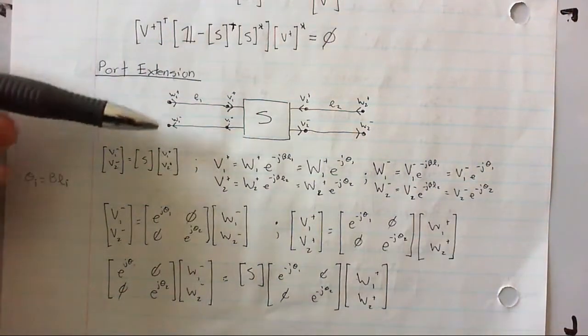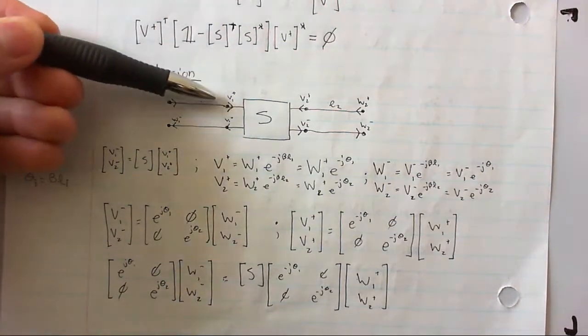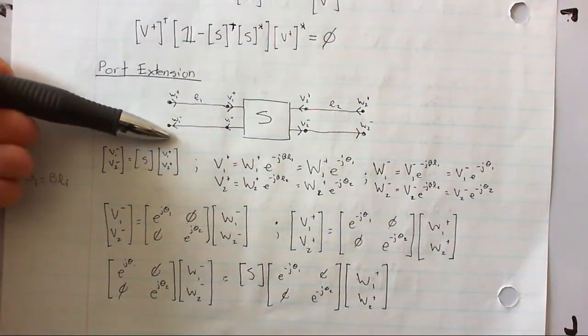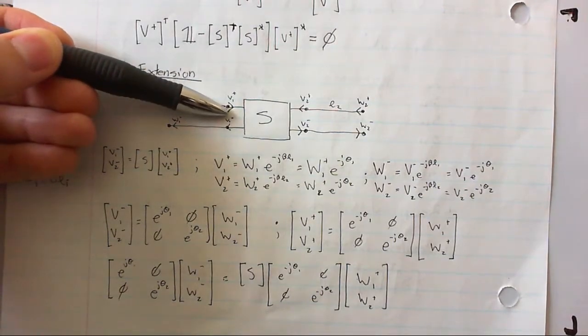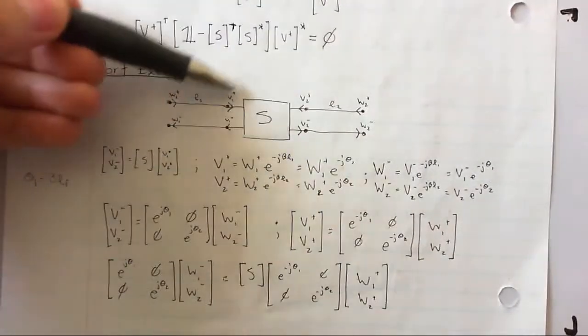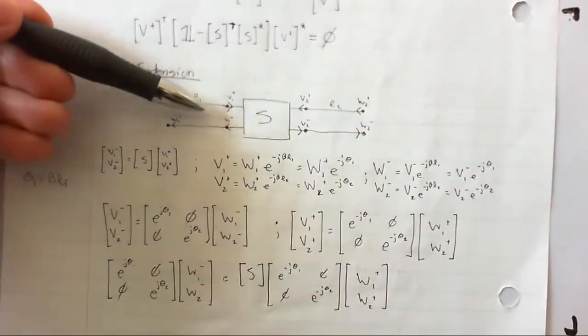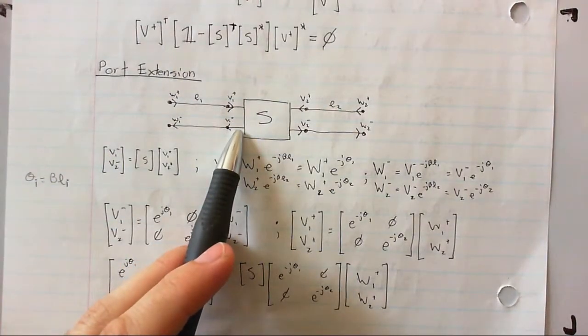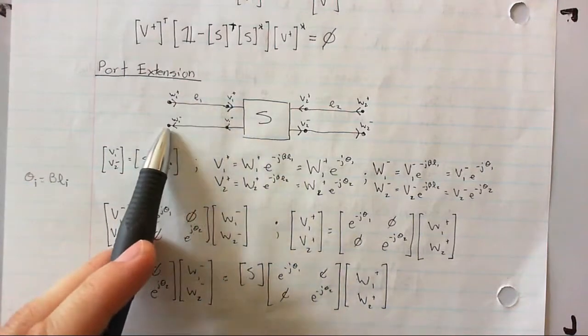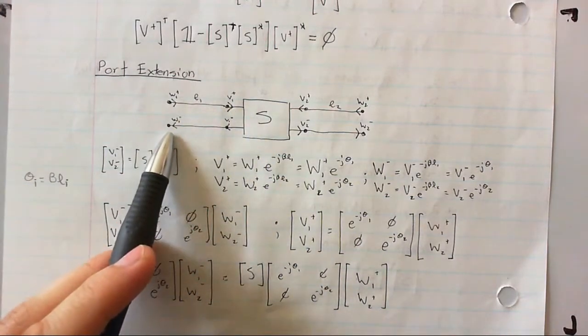So because the wave goes from here, it receives an effect from the transmission line. Some amount of it is reflected, some amount of it is outputted from our scattering matrix, and then it goes under an effect again by the transmission line.